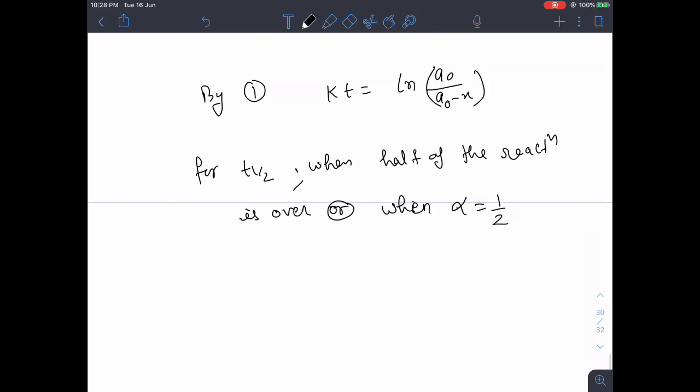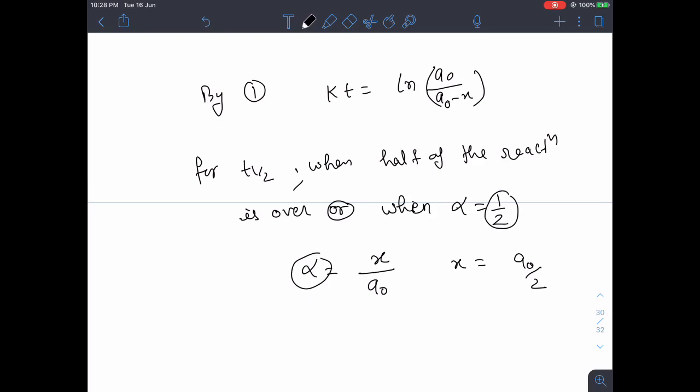Now from here, can I say that alpha is the degree of dissociation? What is that? The number of moles dissociated upon the number of moles initially taken. From here I got the value of x to be equal to A0 by 2, because alpha is 1 by 2.